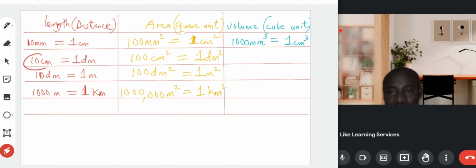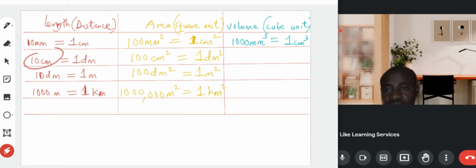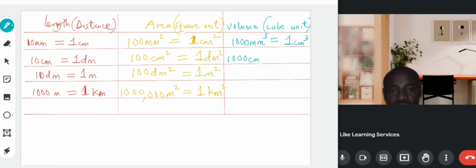Also in centimeter, you cube this one, 10 raised to power 3. 10 centimeter cube will give us 1000. So 1000 centimeter cube is equal to 1 decimeter cube. That's 10 cube for centimeter, 1 cube for decimeter.